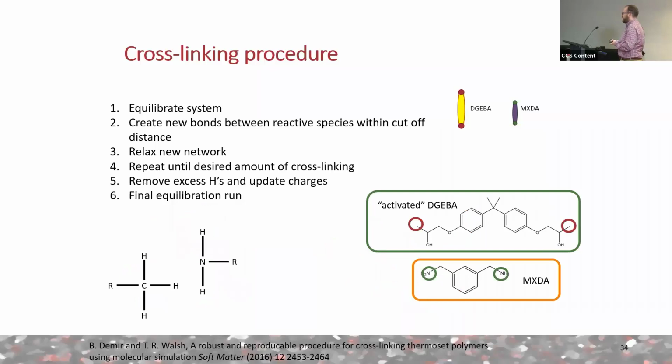If we look down here, this is the reaction actually taking place: you've got your DGEBA and your MXDA, and you form a bond. Once you've done all this to your desired amount, all the chemists within you will be like, hang on, your carbon's got 5 bonds there, that's not right. So we go through and delete our excess hydrogens and update the charges on the carbons and the nitrogens. We then run a final equilibrium run, and then we have our cross-linked system ready to get all the information we want out of. So that's the reaction.